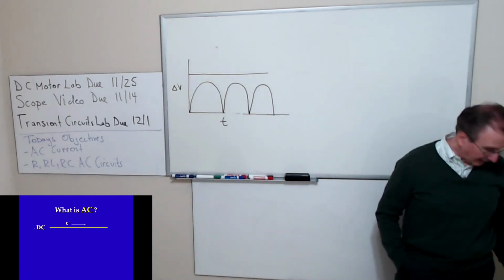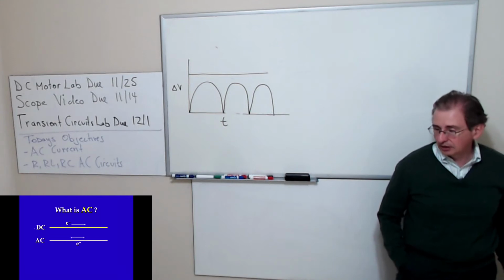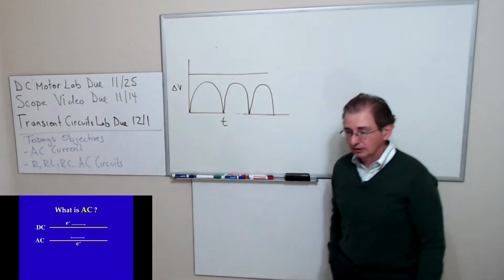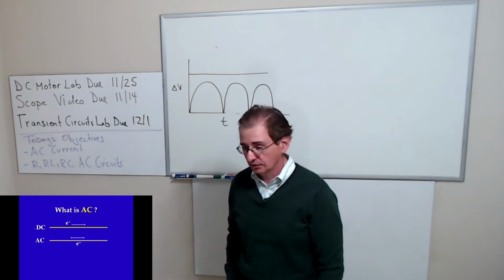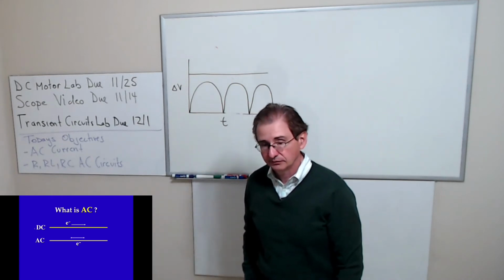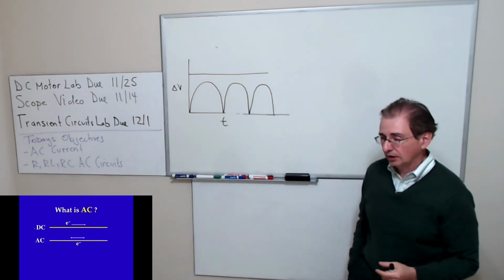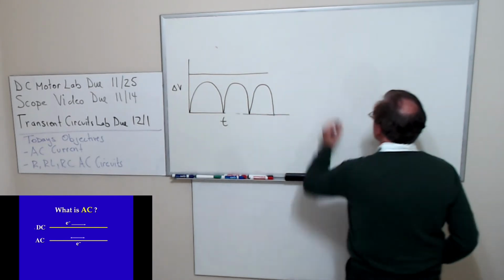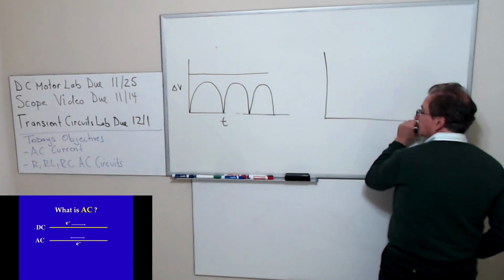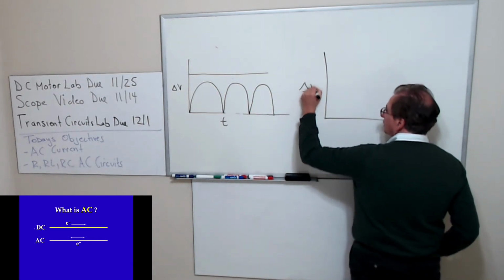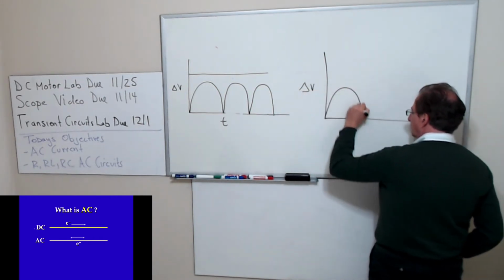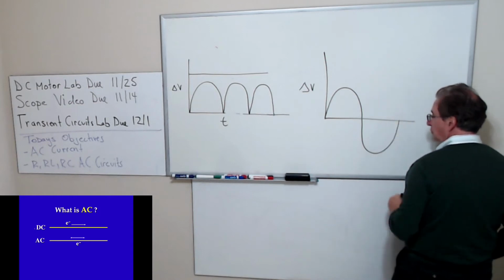In the case of AC current, the current changes directions. That's the difference between the two: alternating current, direct current. With alternating current, you'll have the current doing this, and also the voltage. That's one example.